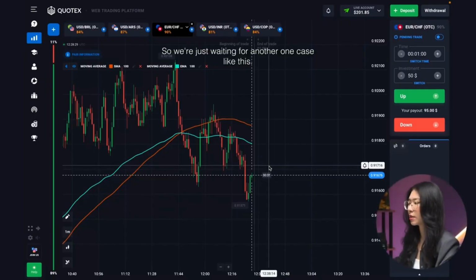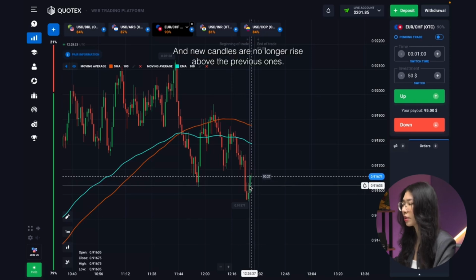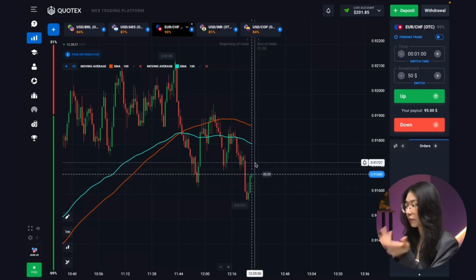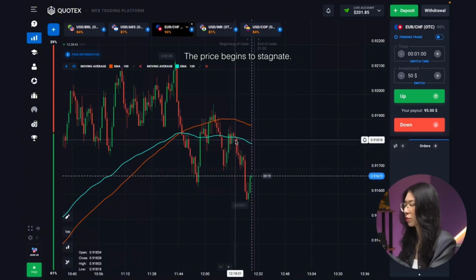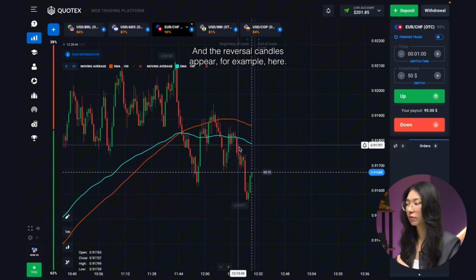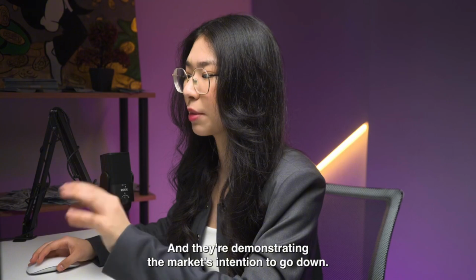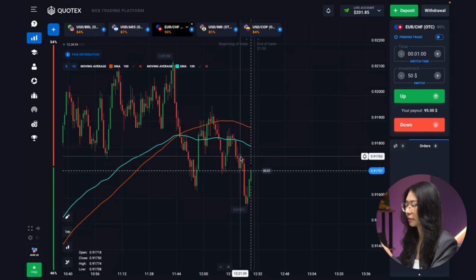We're just waiting for a case like this, where new candles no longer rise above the previous ones. The price begins to stagnate and the reversal candles appear, for example here, and they demonstrate the market's intention to go down, and that's one of the best moments to take profit.